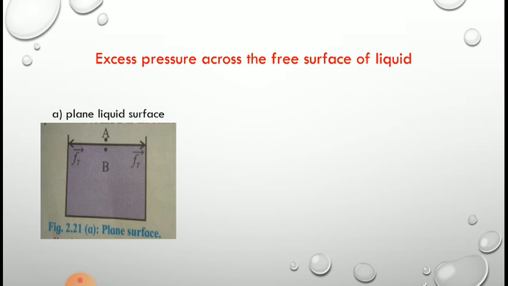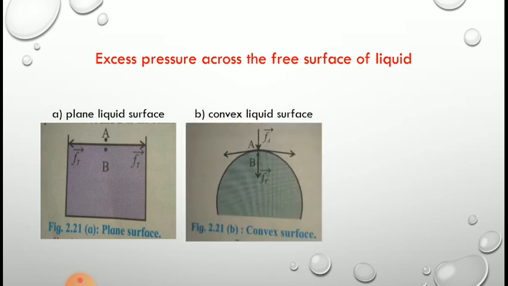Now if we consider the convex liquid surface in the second figure, the surface of the liquid in this figure is upper convex. In this case, the resultant force due to surface tension, which is represented by vector Ft on the molecule at B, is vertically downwards and adds up to the downward force vector Fa.